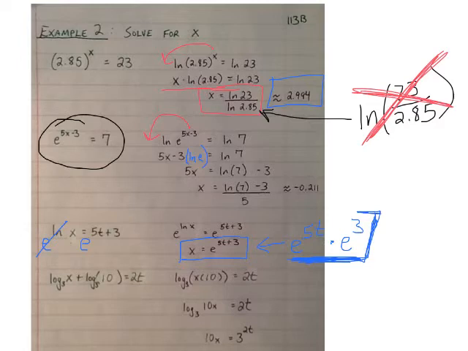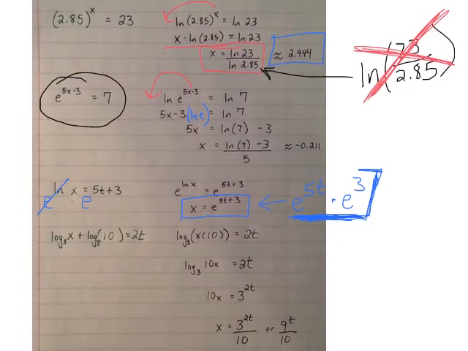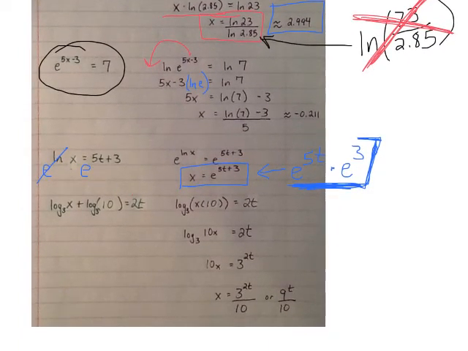In the final one, I've got two logarithms being added together. So log base 3 of x plus log base 3 of 10 equals 2t. So I use my properties to combine into a single logarithm. Log base 3 of 10x equals 2t. And then finally, I wrote it as an exponential.